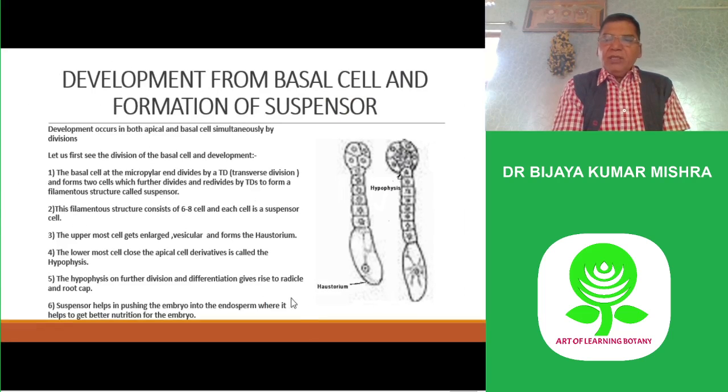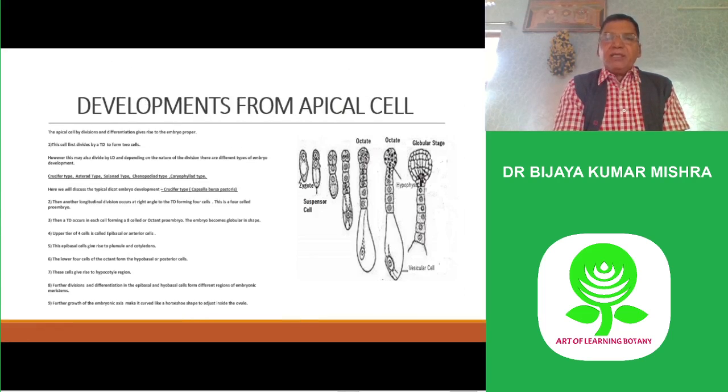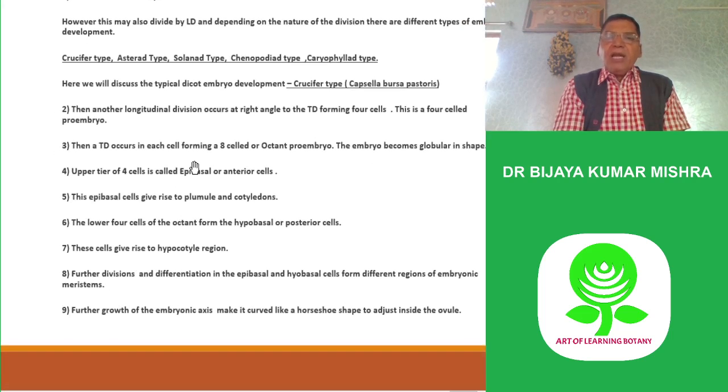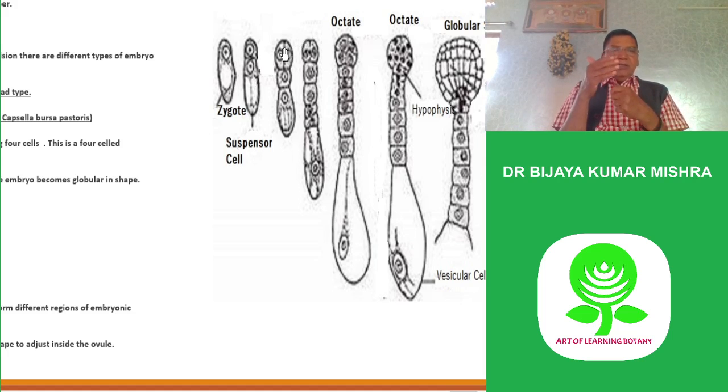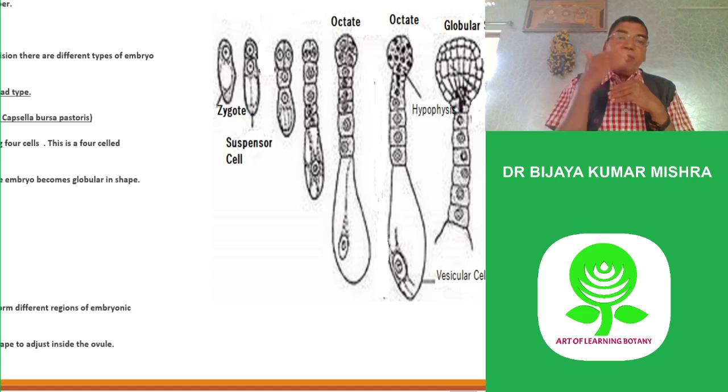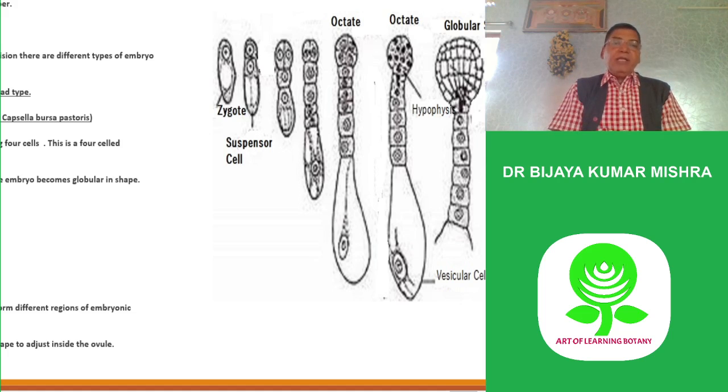Okay. Now coming to the development of the apical cell. The apical cell now develops into the embryo proper. Now how does it develop? Now the apical cell, you see this suspensor, now the apical cell divides either by longitudinal division or by transverse division. So there are different types of embryo development in angiosperms, depending on the type of division of the apical cell and the derivatives from where they are coming.